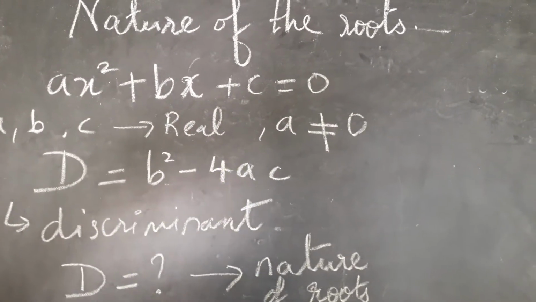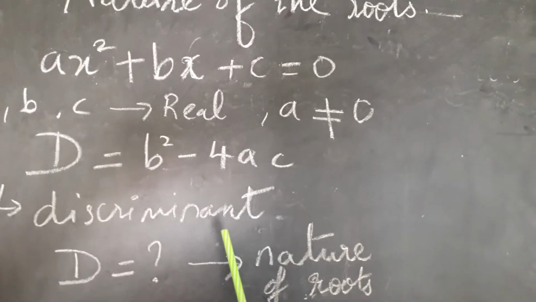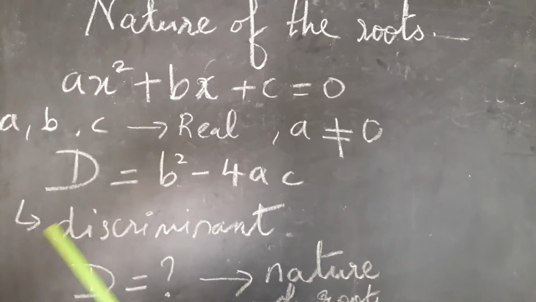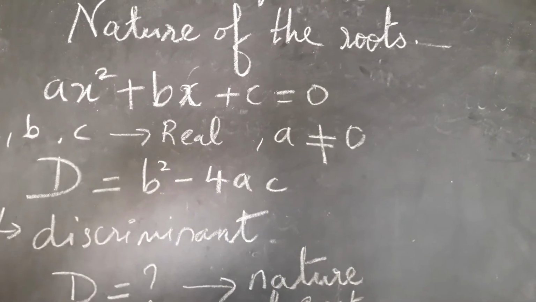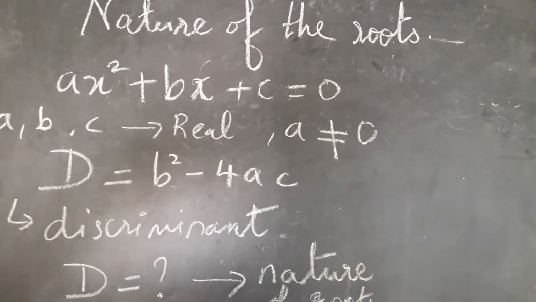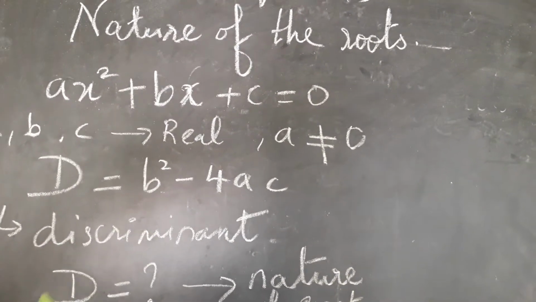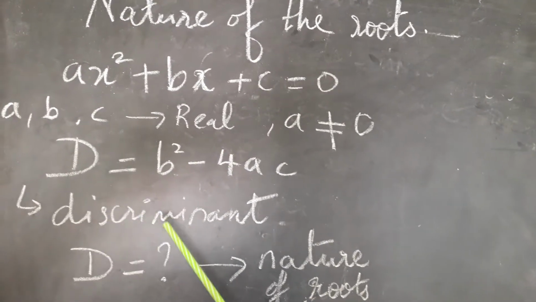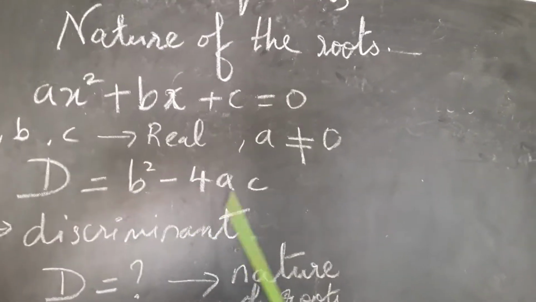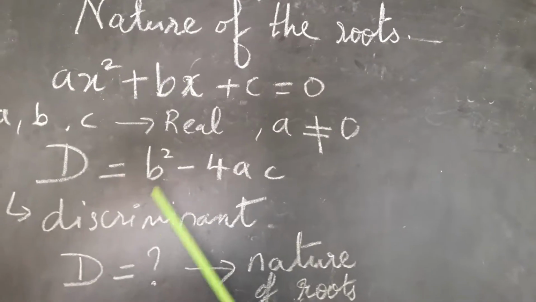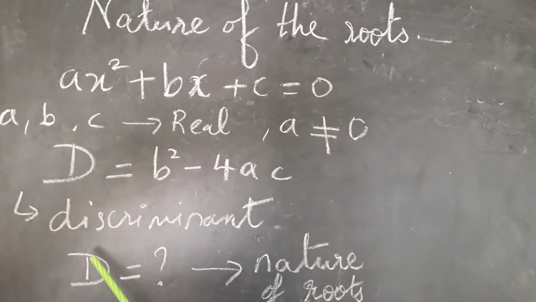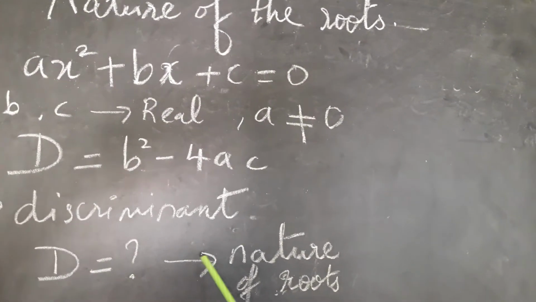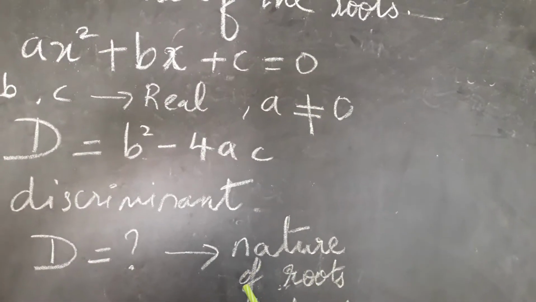And it can mean a lot. What do I mean by this? Well, we have seen different methods of solving a quadratic equation and arriving at the solution, the roots. But without even solving for x, by just looking at the value of D, I can get to know something about the nature of the roots beforehand.